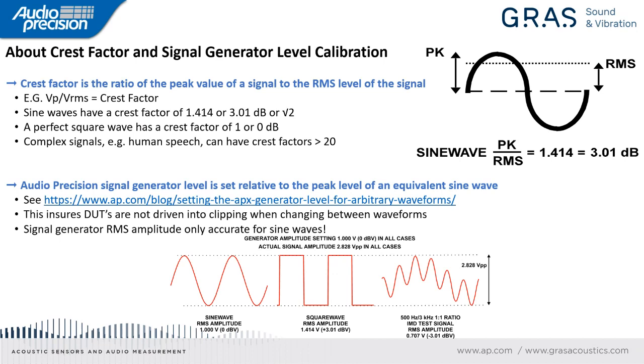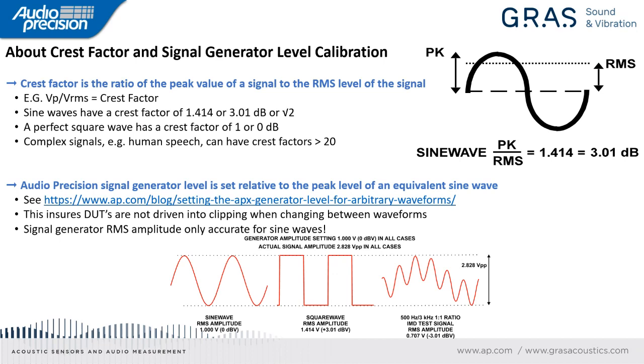Okay, moving on, I want to just touch on this question of crest factor. So crest factor is pretty straightforward. Crest factor is the ratio between the peak level of a signal and the RMS level of a signal.